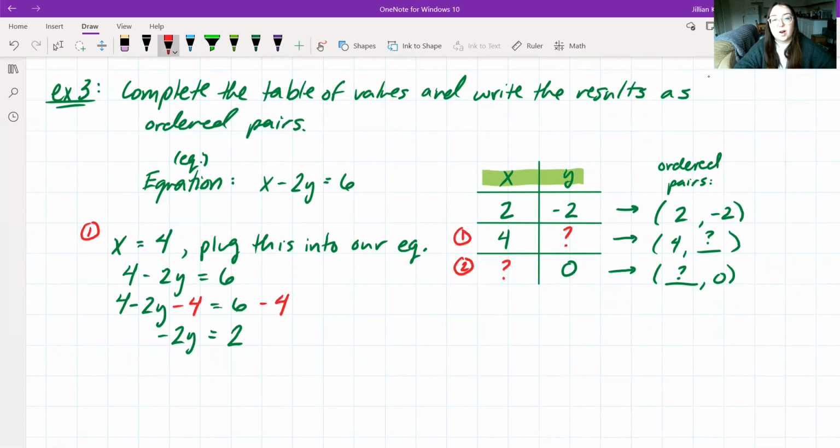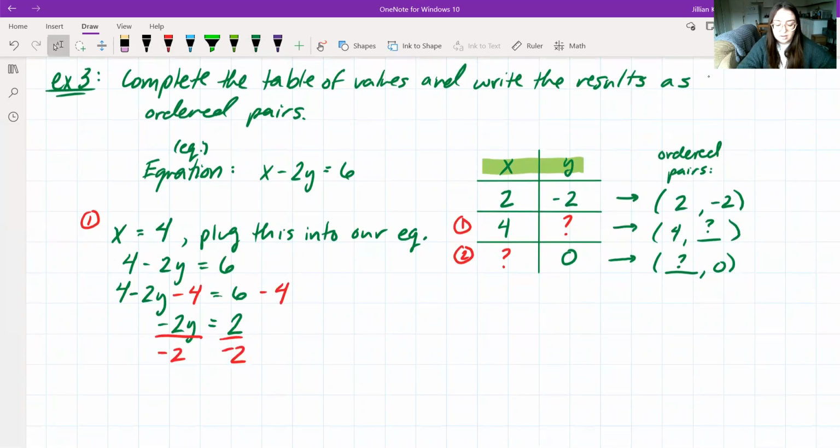And now we want y on its own, or 1y, so we need to divide by negative 2. And when we do that, 2 divided by negative 2 is going to be negative 1. So our y value in our table, when x is equal to 4, is going to be y is equal to negative 1.